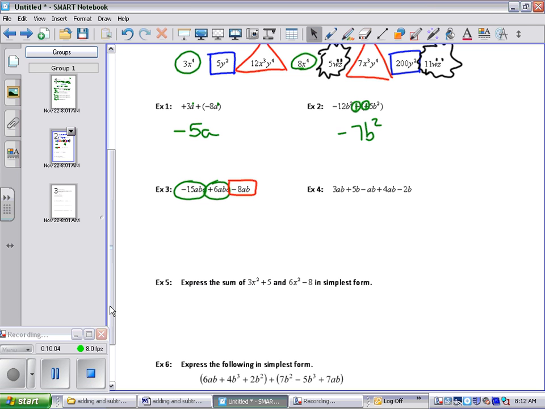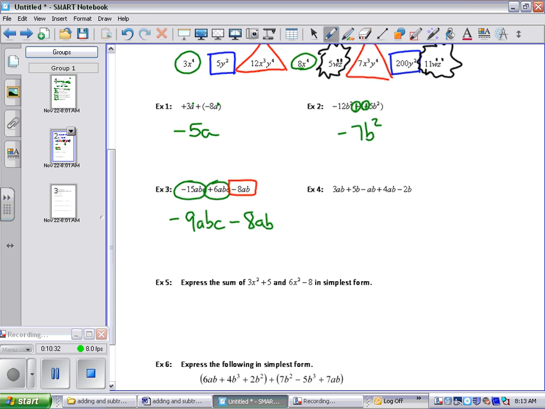So what do I do? I put my like terms together. Negative 15 plus 6 gives me negative 9. And then I bring down my variables, abc. I can't do anything with that negative 8ab. I can't put that anywhere, so all I do is just bring it down. Negative 8ab. Done.